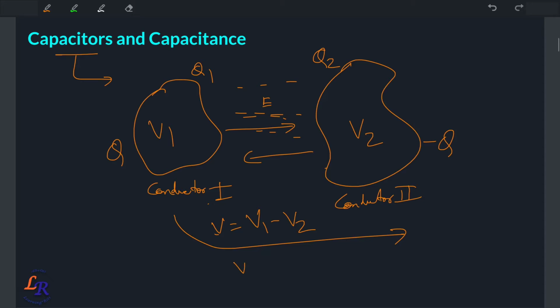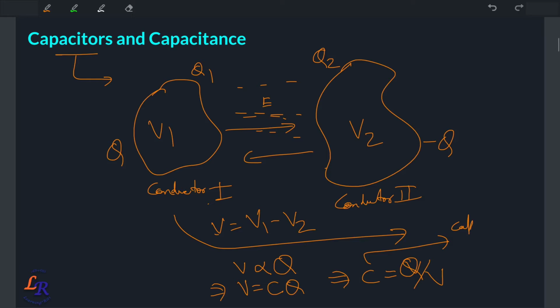But first of all, see here that the potential difference V is proportional to the charge Q, and there we use a proportionality constant, which we call C, so that Q is equal to C V. This gives the capacitance definition, C is equal to Q by V, and this makes the capacitance charge and voltage independent.